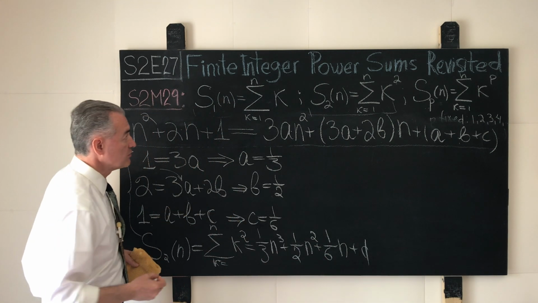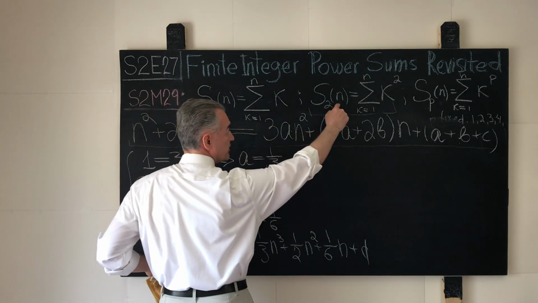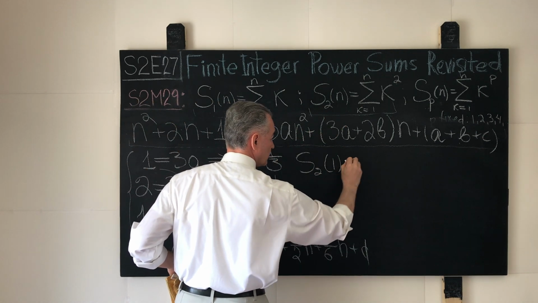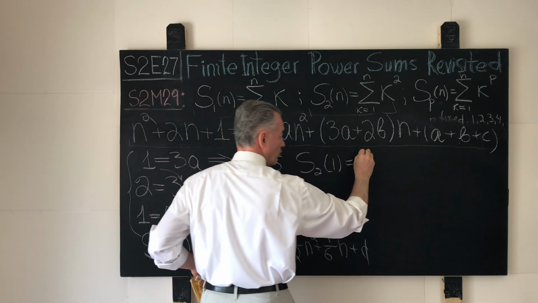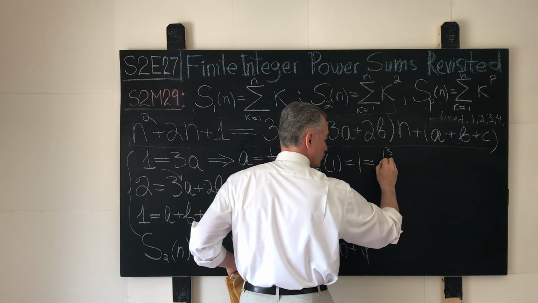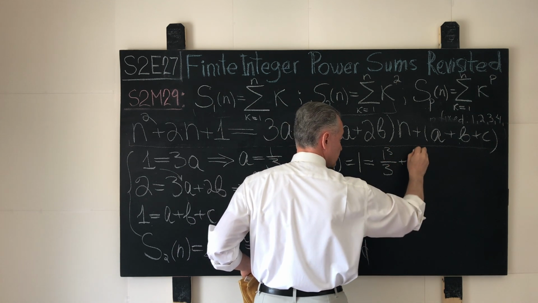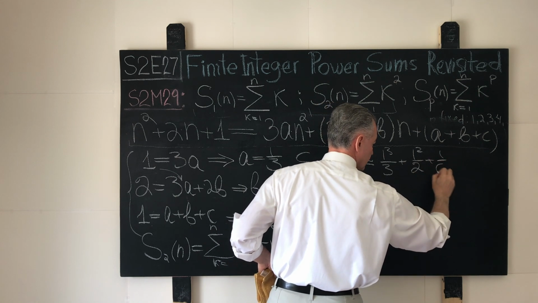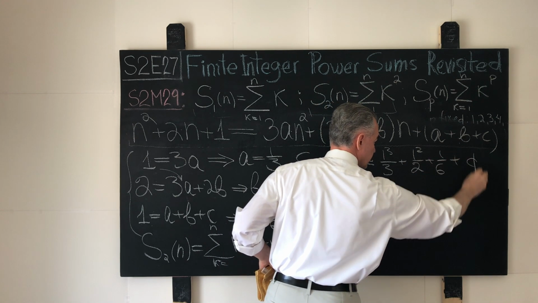We execute the same maneuver. When the sum S2 is evaluated at n equals 1, then we have what? 1 squared equals 1, and that is what? 1 cubed over 3 plus 1 squared over 2 plus 1 over 6 plus d.